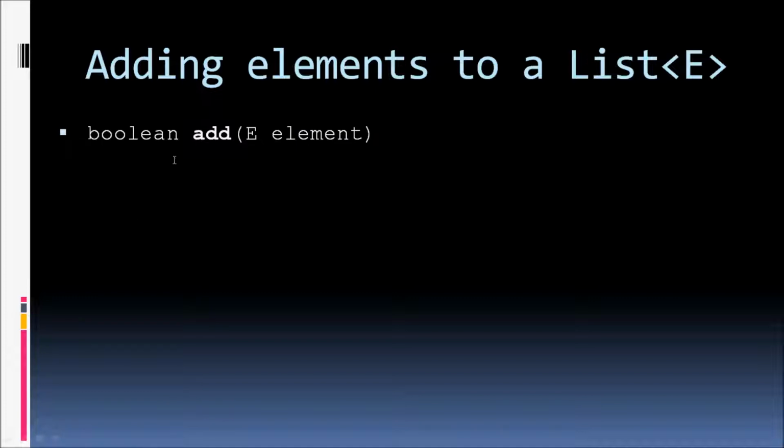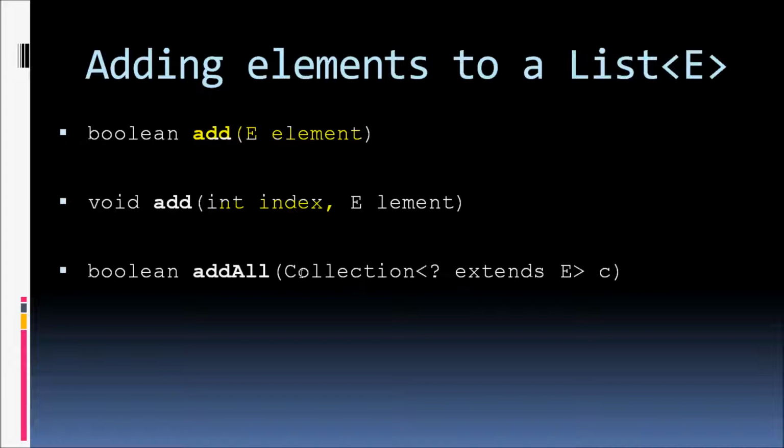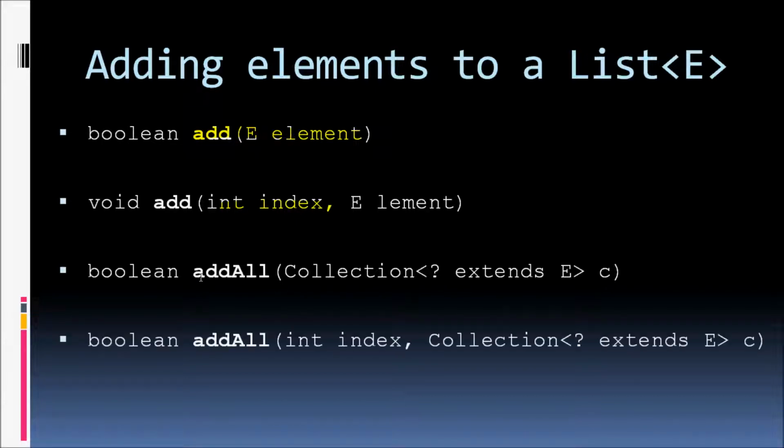The add method that takes an element, and the second overload adds an element at a specified index in the list, and the addAll method adds elements from another collection to the current collection, and the addAll method overload adds elements from a collection at a specified index in the current collection.